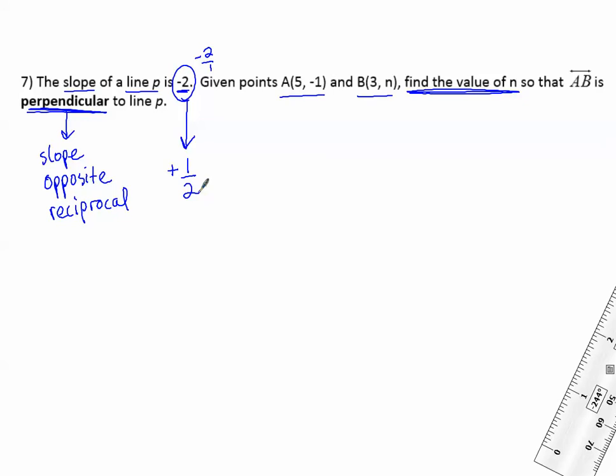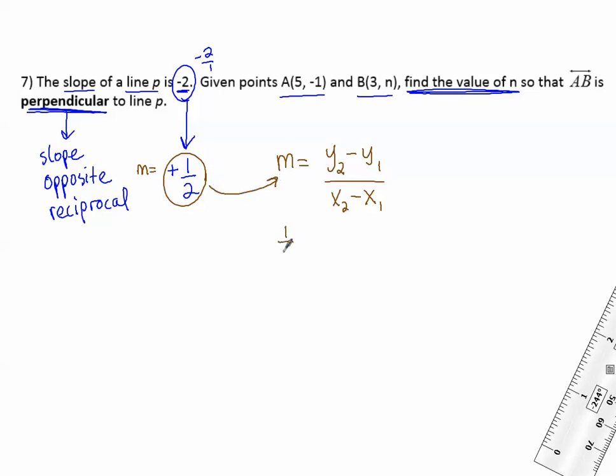Now the last time we did this with a graph, but we don't have to do it with the graph. We can do it with our slope formula. Remember that our slope formula is y sub 2 minus y sub 1 over x sub 2 minus x sub 1. Here is our slope that we can plug into our equation.